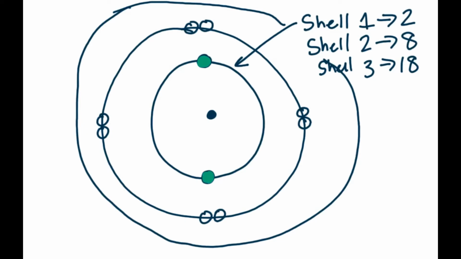So how do we know how many electrons, neutrons, and protons a specific atom has? Each element is going to have a specific number, and it's what we call the atomic number. For example, our first element is going to be hydrogen. Hydrogen is going to have 1 proton, 1 neutron, and 1 electron.